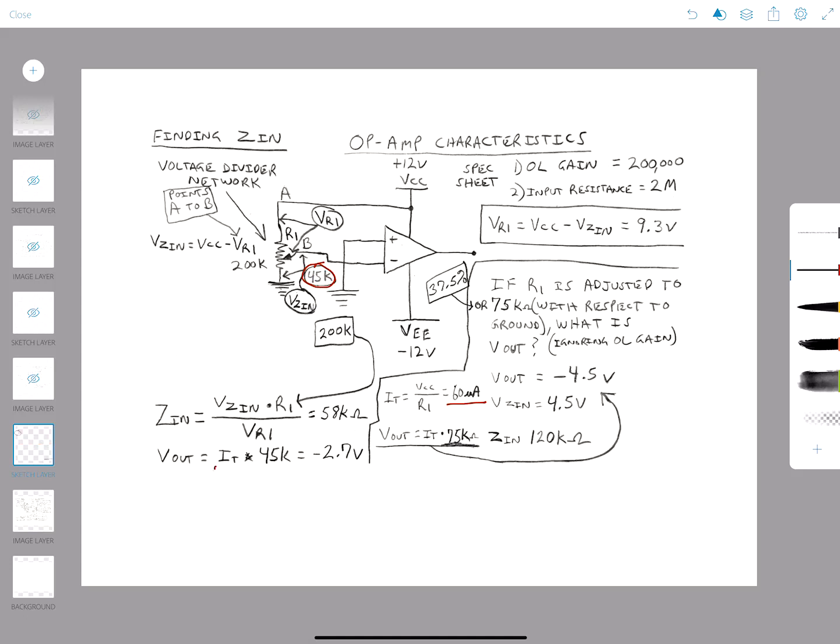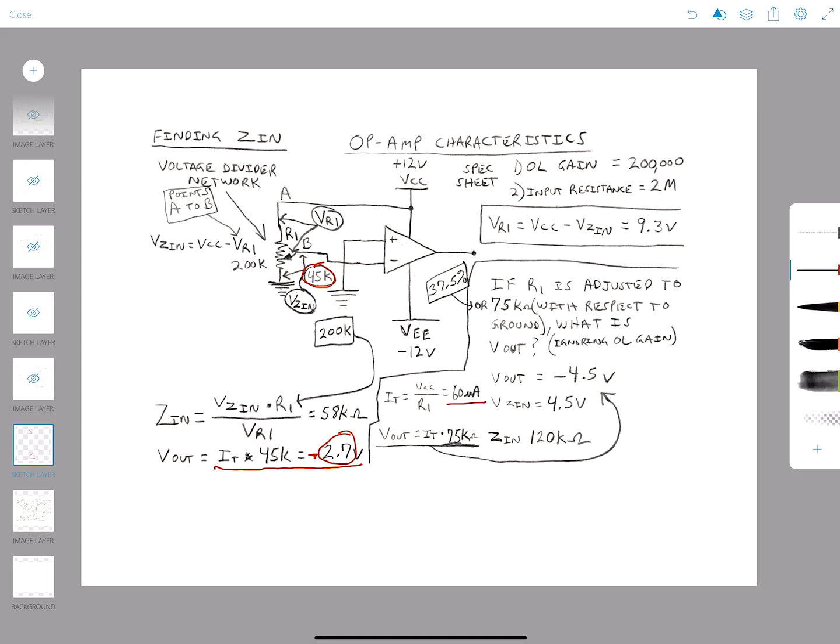So V out at that point is going to be IT, which is our total current, times that 45K, which is going to give us at that point, let's just say, 2.7 volts. It's not negative yet, but this is V out.